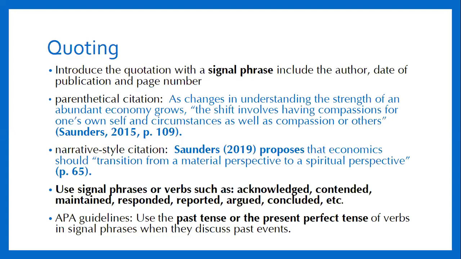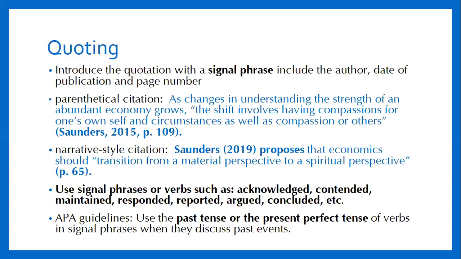When you quote, however, directly from a source, you must put in the author's name, the date of publication, and a page number. So in a parenthetical citation with a quote, you see, I have opened the quote, no period at the end of the quote, and then put the name of the author, date, and page.